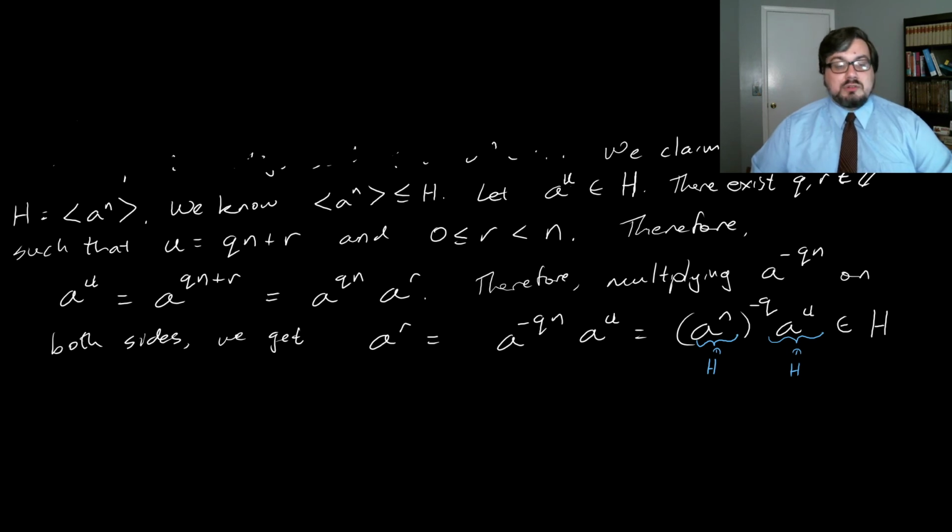So H is closed under all of these operations, and so this whole expression here has to belong to H. So therefore we get that a to the r is contained in H.